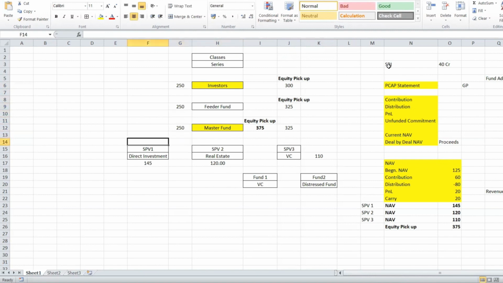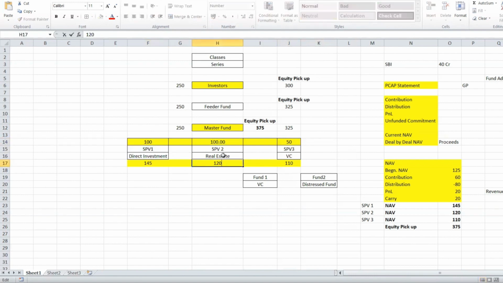Now the bifurcation happens. Suppose you have invested 100 here, 100 here, and 50 here. This is the investment amount I'm talking about, and these are the gain amounts. You invested 100 and got 145 from this SPV, invested 100 and got 120, invested 50 and got 110.